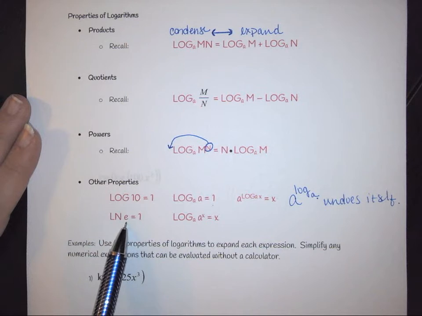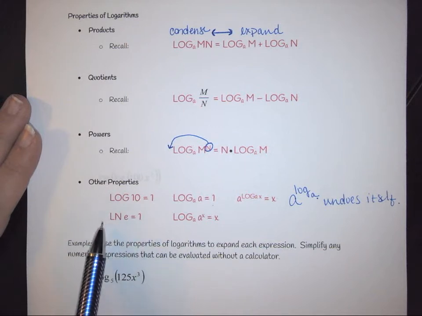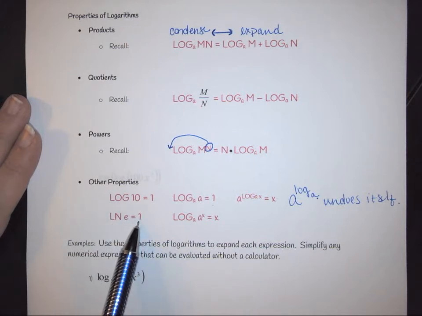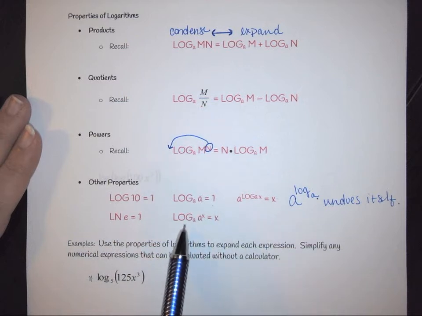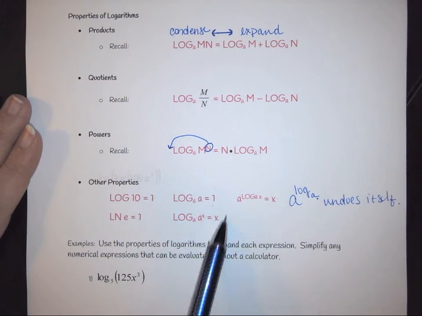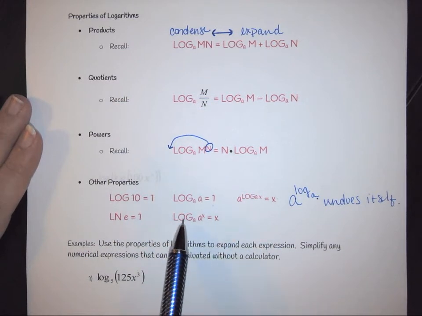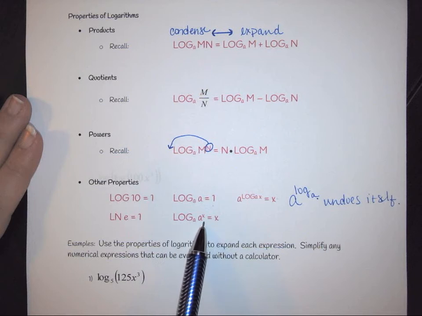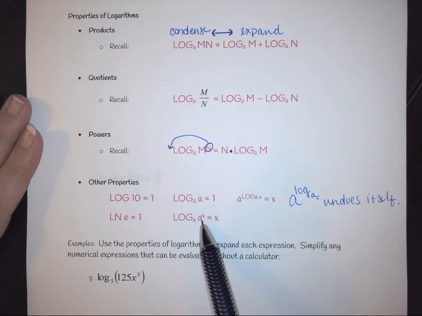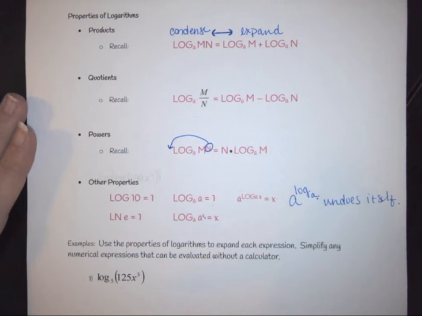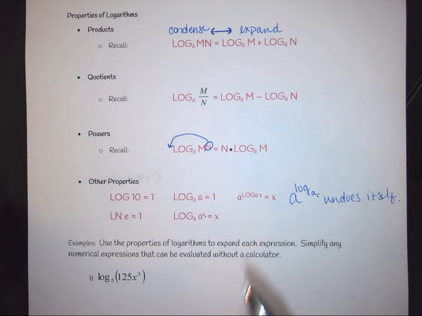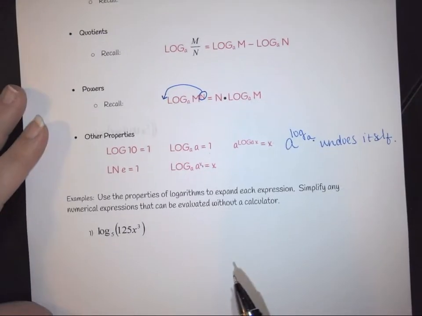Natural log and e undo themselves, and here, when you take the natural log of e, you get 1. And we also have a version of the log. So notice I'm taking the log of an exponential. Again, because my two bases are the same, then what I'm taking the exponential of becomes your answer. So these are all the different properties that you may have to use depending on what you need to do with your logs.